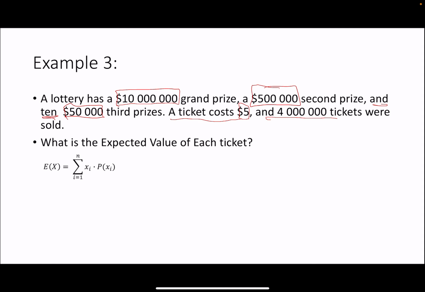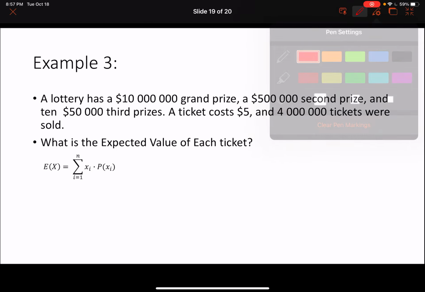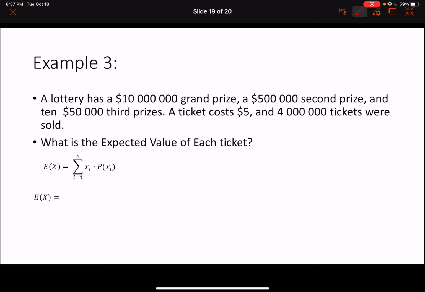So expected value is for every single outcome, multiply the outcome, add up the product of the outcome times the probability of that outcome. So let's take a look at that. What's one outcome?